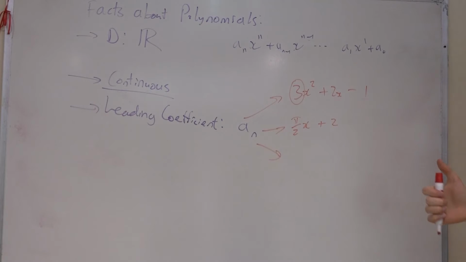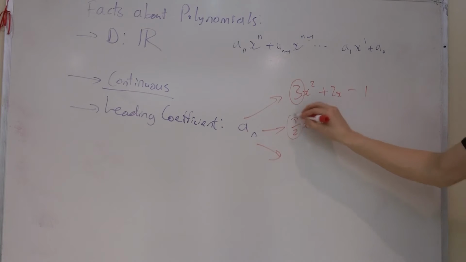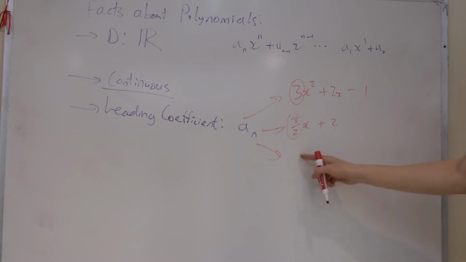Okay? Now here, this is a polynomial, right? It's still a polynomial. The only thing that's different now is that there's only one term, right? x here is the highest power that we have in our entire polynomial, and the coefficient in front of it is pi over 2. So this is our leading coefficient. Okay?